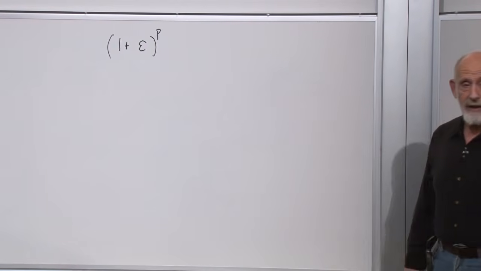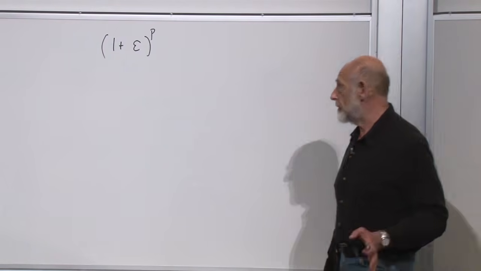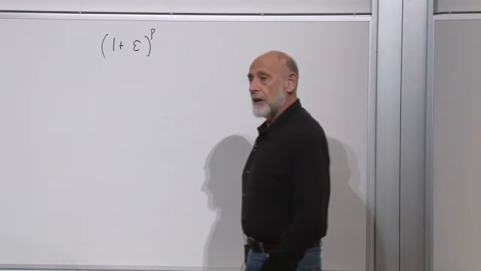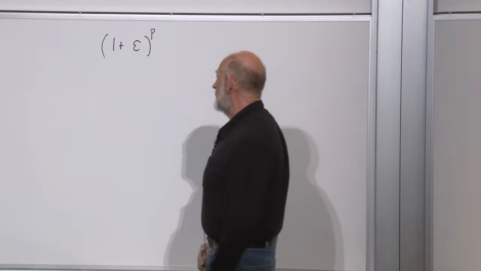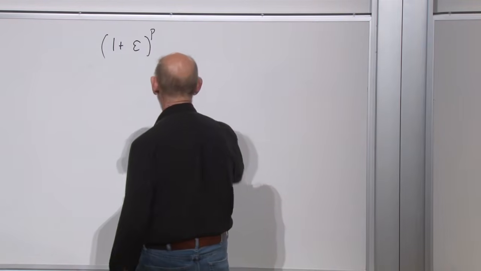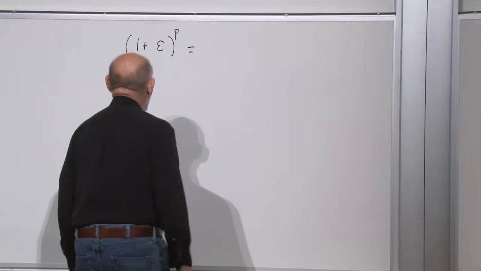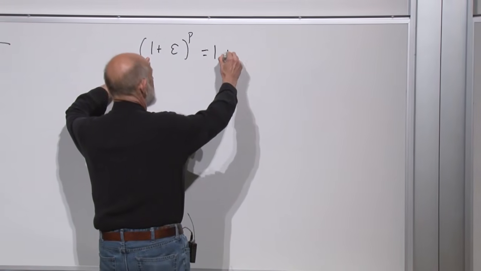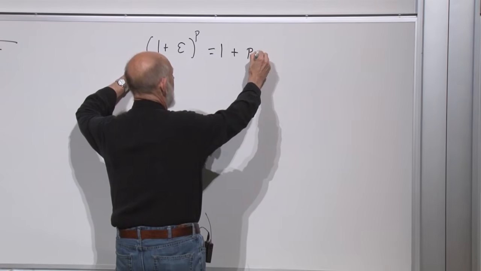It can be positive, negative, imaginary, complex, doesn't matter, that this can be expanded in powers of epsilon, a Taylor series if you like. If you don't know Taylor series, we just expand it in powers of epsilon. For epsilon equals 0, it's just given by 1. And then the next term is p times epsilon.